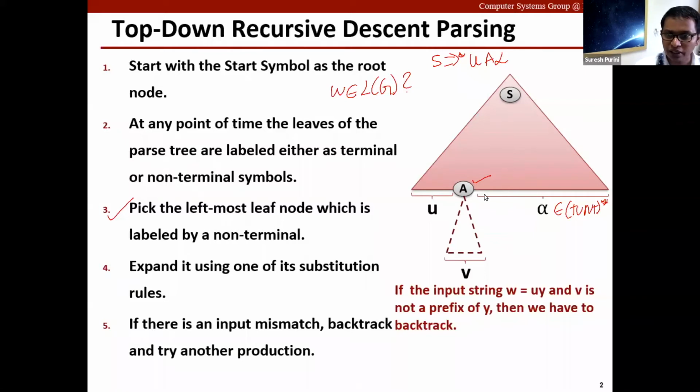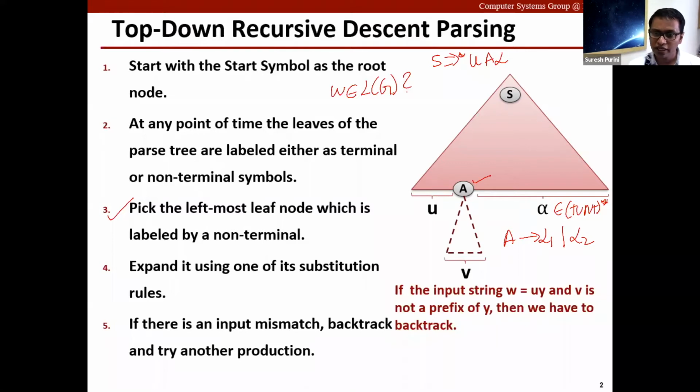Like for example, A may have two substitution rules, A goes to alpha 1 or alpha 2. So we put the substitution rule A goes to alpha 1, and we expand the parse tree. It can be a success or it can lead to a failure.